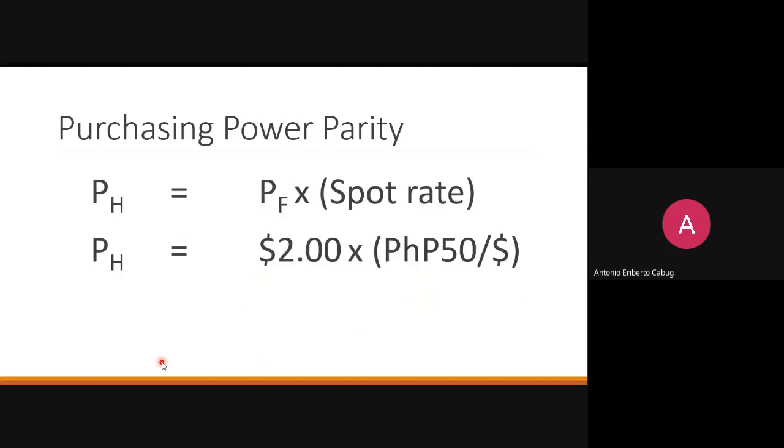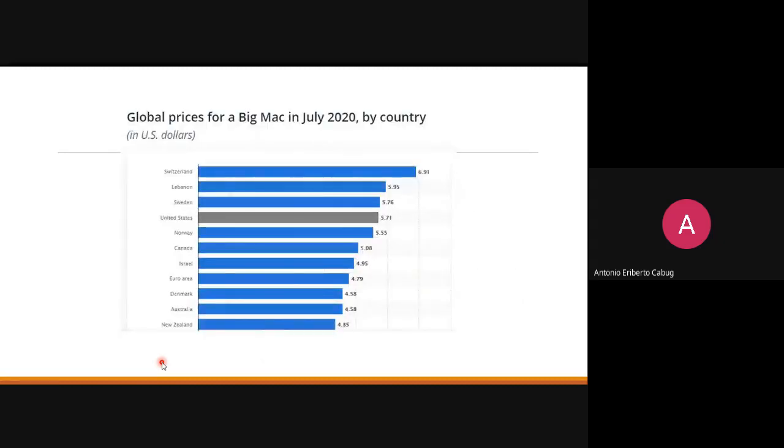Now, the logic of the absolute PPP is this. If, for example, the Big Mac is 691 in Switzerland, in New Zealand it's 435. Let's compare the Big Mac of Switzerland and New Zealand. If the price of Big Mac in Switzerland is 691 and the price of Big Mac in New Zealand is 435, this is what will happen.